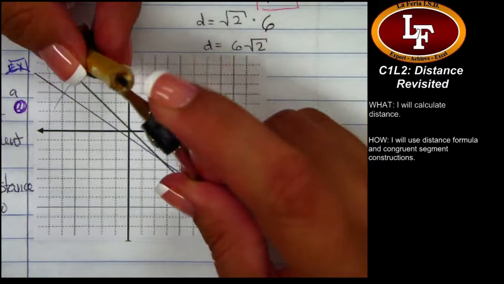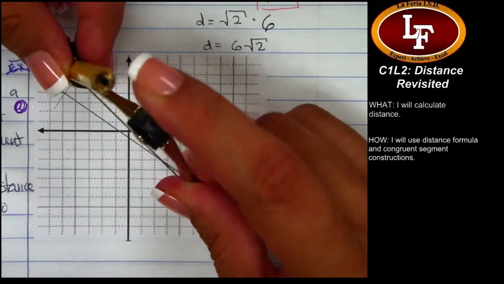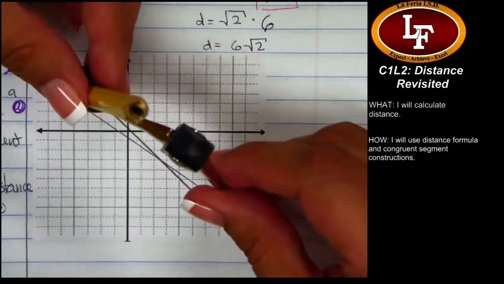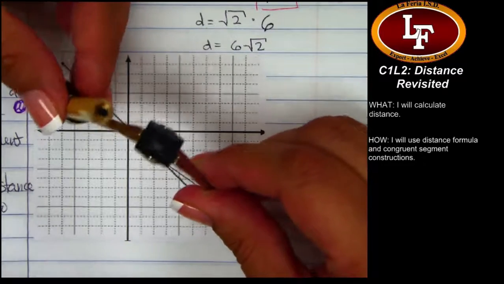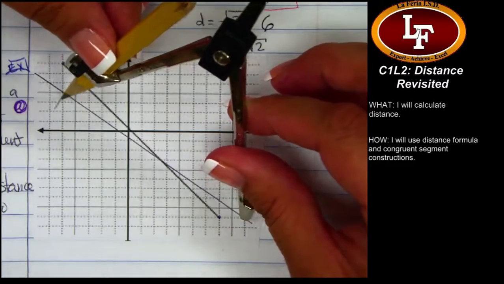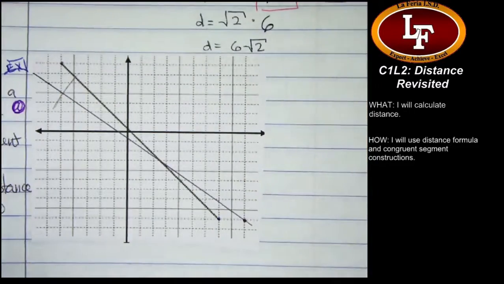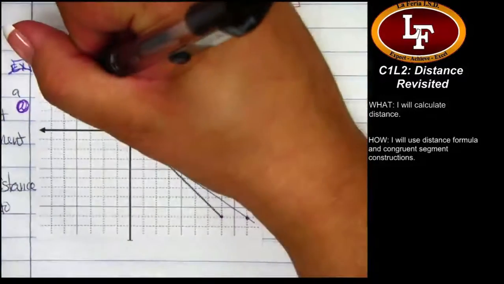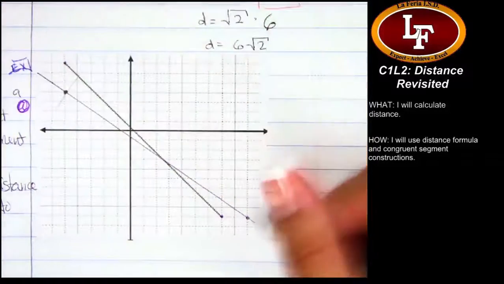So there, reconfirming that distance, and then reconfirming this distance. I'm going to tilt the compass a little bit so that you can see my marks. There we go. And it looks like this segment ends right about there.